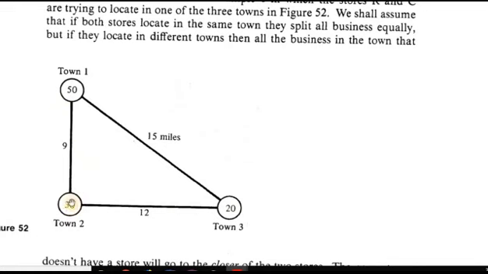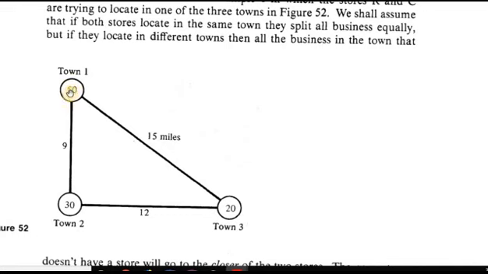Suppose R store locates here and C store locates here. In this case, how about the people in town 3? Well, they are going to go to the closest store, which is here. So if we have one store here and one store here, then the store in town 1 gets 50%. The store in town 2 also gets 50%.